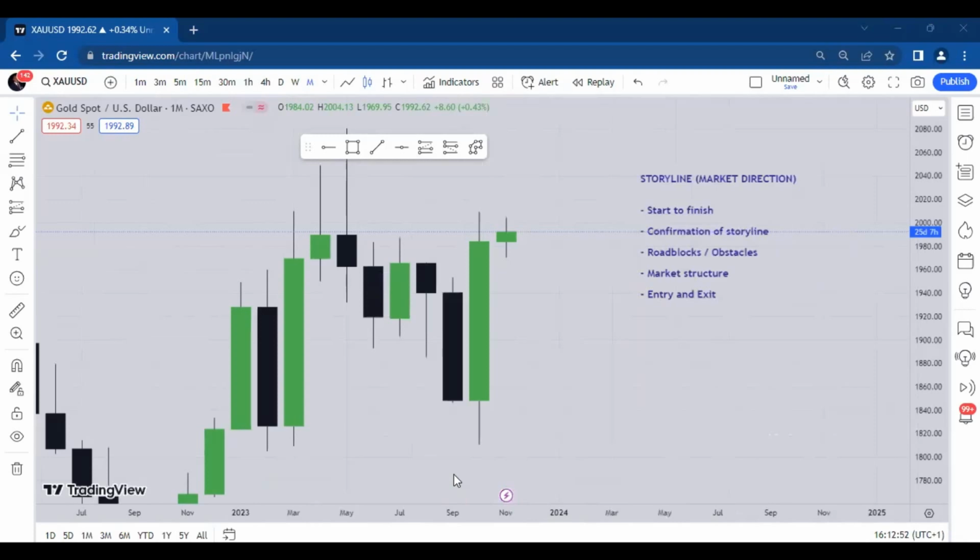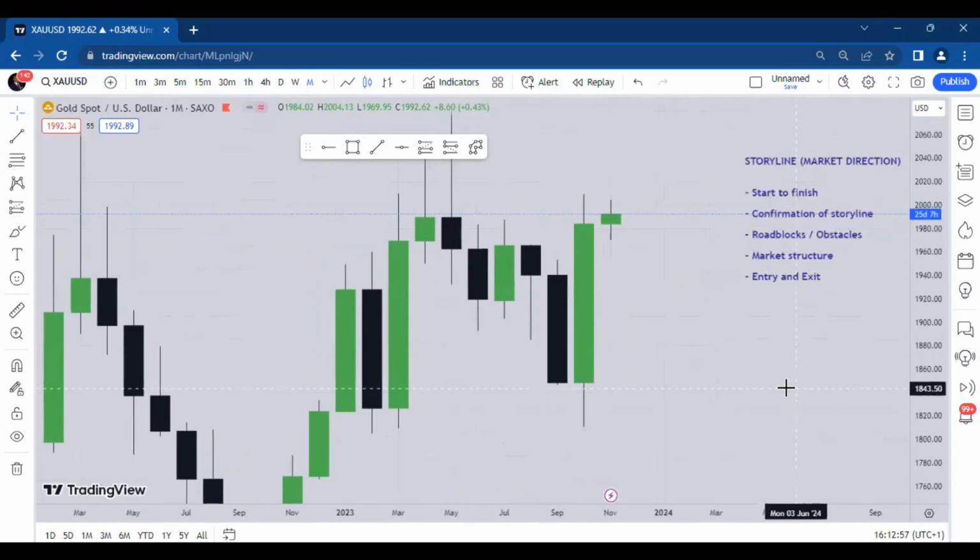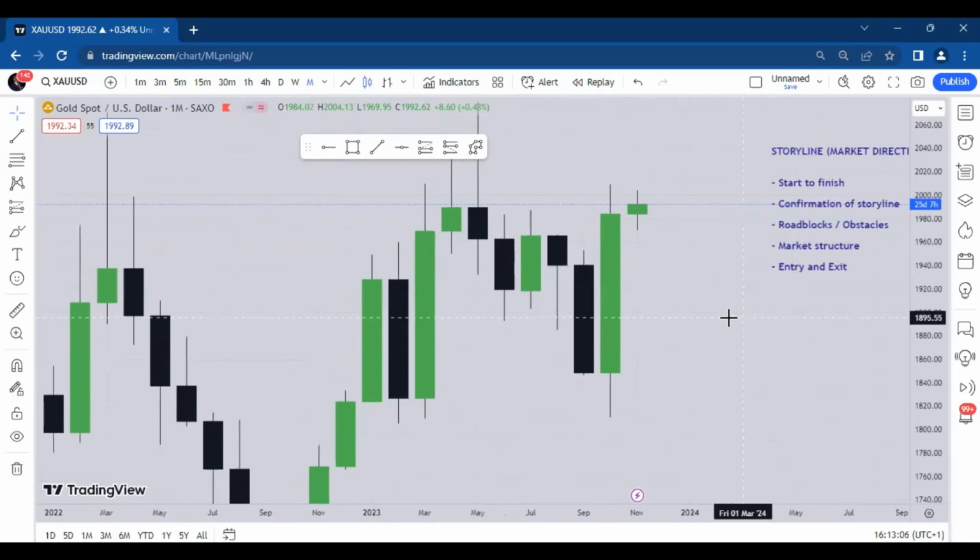So what storyline helps us to do is that it tries to simplify the operation of the market algorithm and how it operates. And you will see that everything that happens in the market, price always moves from support to resistance, from resistance to support, from support to resistance.